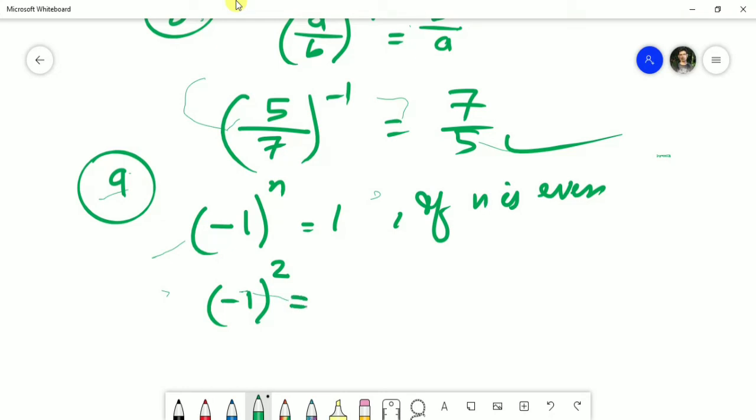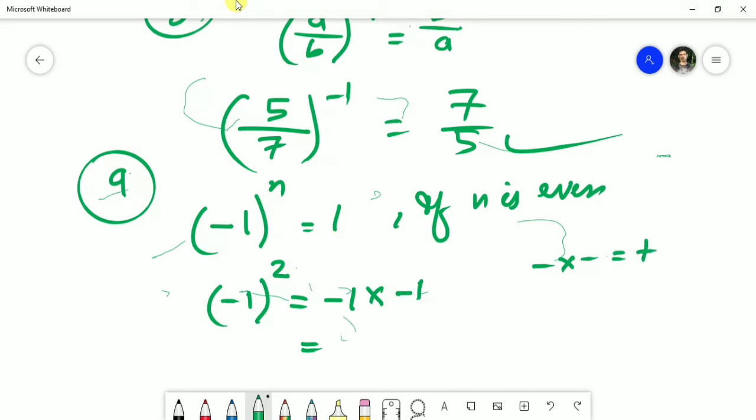So minus 1 squared, what we can do here is that our answer is 1. Why 1? Because you see, minus 1 into minus 1. Minus 1 squared means we have to multiply 2 times. That's it. Minus into minus is going to be plus.